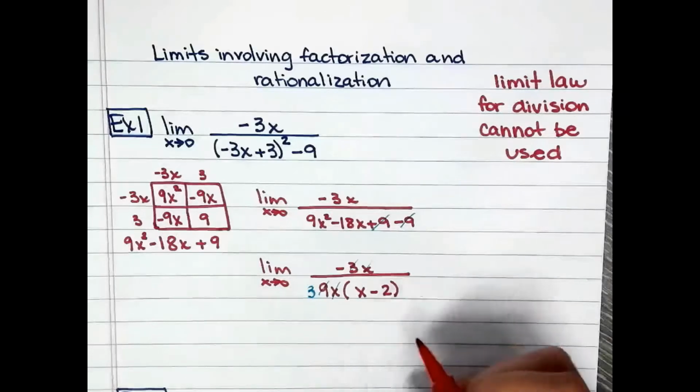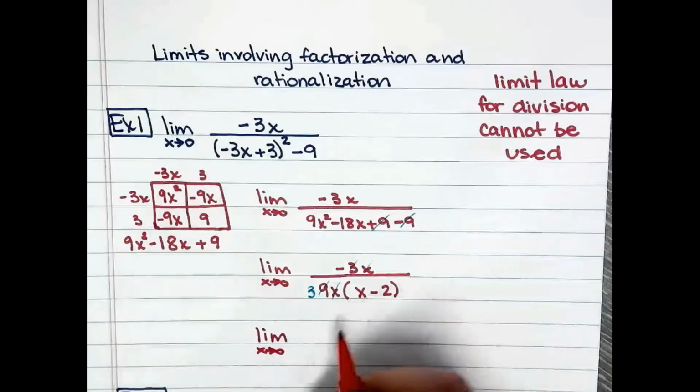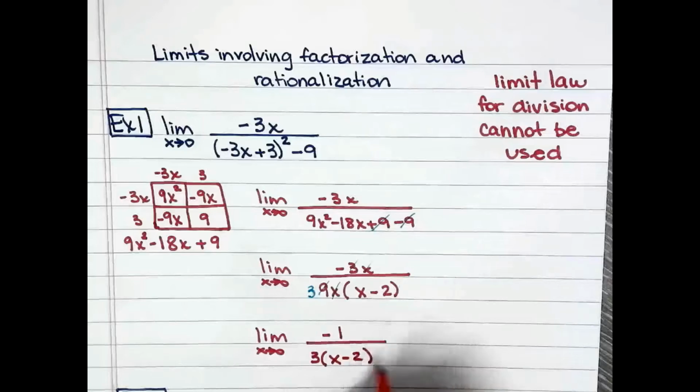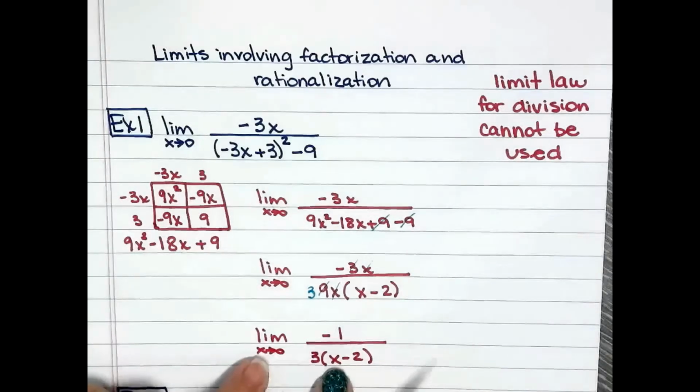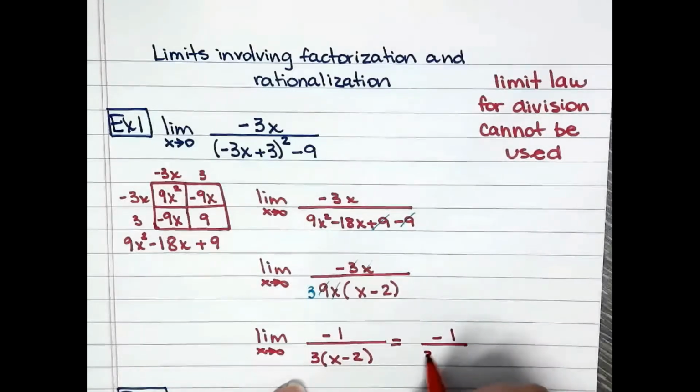So finally, we have the limit as x approaches 0 of negative 1 on the numerator over 3x minus 2. At this point, I can go ahead and substitute 0 in for x. So negative 1 over 3 times 0 minus 2.